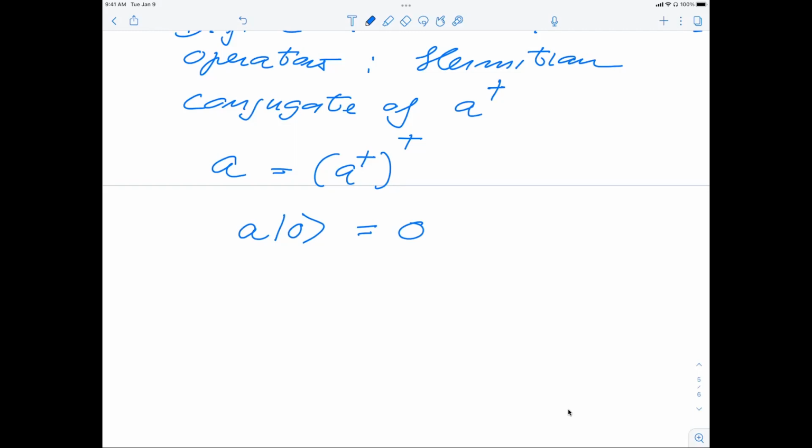Okay, so this is one of the calculational rules which we need. Now, the other rule which we need is that if I have a state now, and I'm going to put the quantum numbers on here to indicate that this is acting on a specific state alpha.